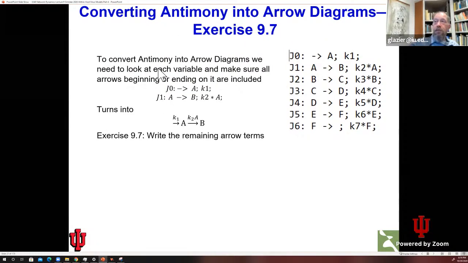You take the thing that's on the right-hand side of the semicolon and you put it over the arrow. So basically just move it here. And then you can combine your arrows into one big long line. So why don't you write quickly the arrow diagram for this stack of equations, which is pretty simple.